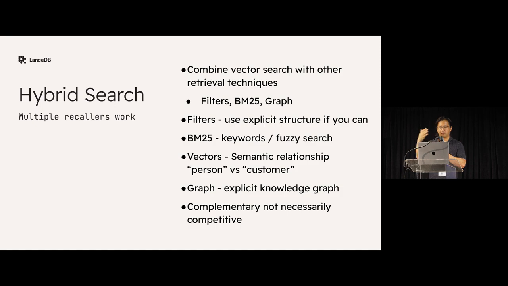For example, if you search for person, BM25 is really good at returning everything related to person, person's, persona, but it won't return things like customer, user, and things with semantically similar meanings to the search term. And if you have a pretty deep and explicit knowledge graph, graph databases might be a good choice to add as well.